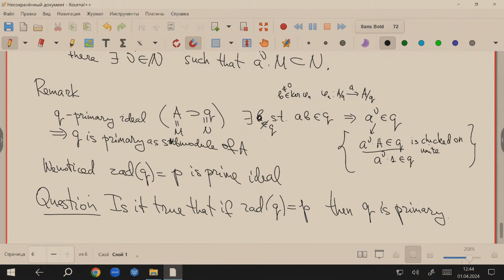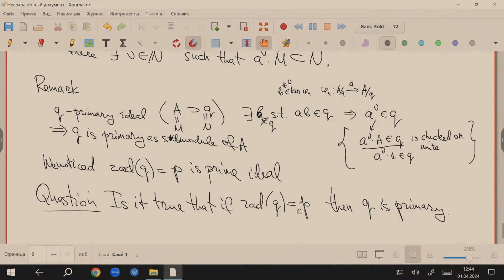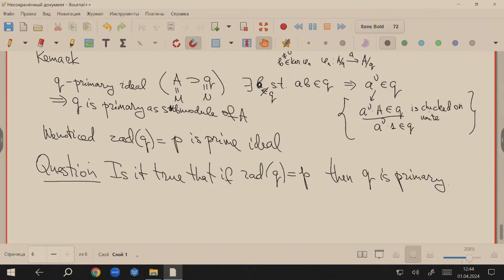Since I know the answer to the question, and it is formulated as a question, you know the answer: this is not true. I will give you an exercise to provide an example.